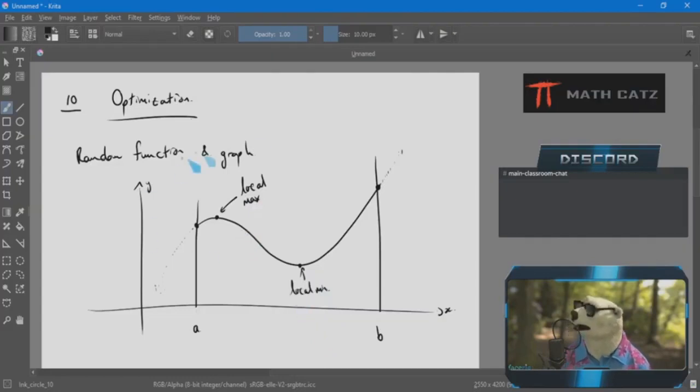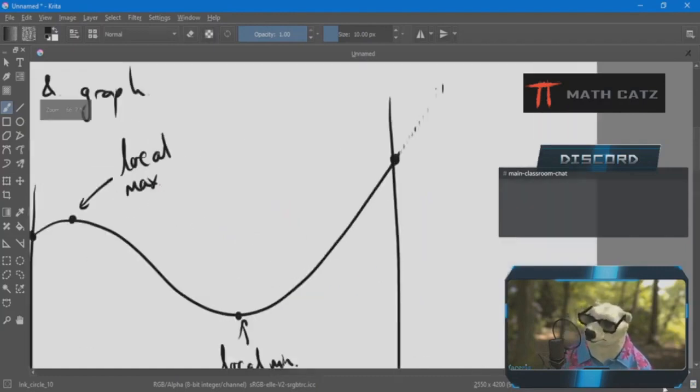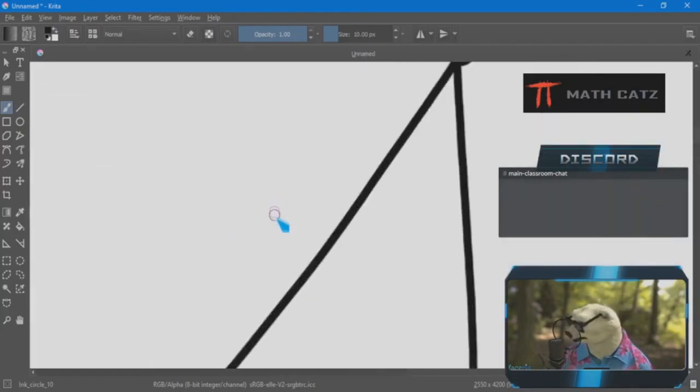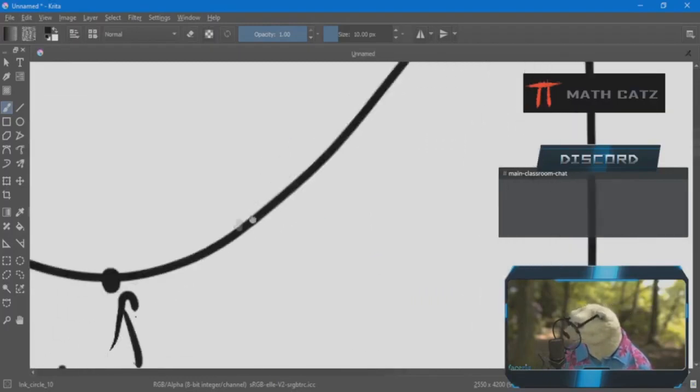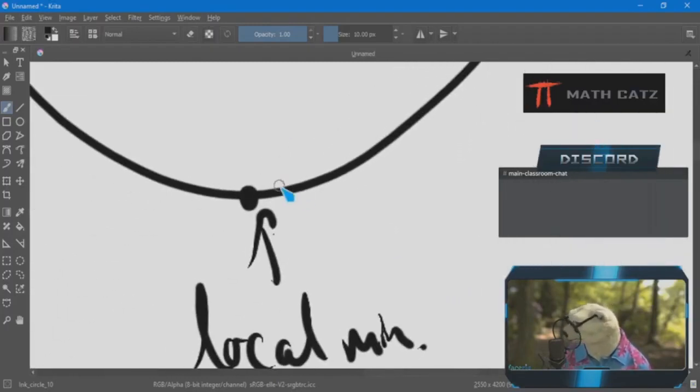Local because when I zoom in and look at a very small window at that critical point, it is the smallest y value I'm going to get for the immediate small area that I'm looking at.